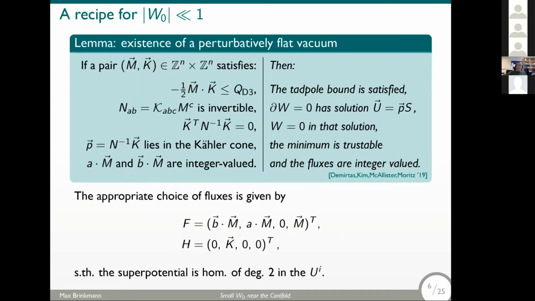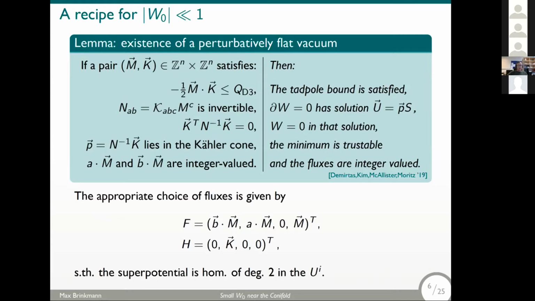So DKMM nicely formulated a lemma which guarantees the existence of what they called a perturbatively flat vacuum by a couple of equations that a pair of integer vectors have to satisfy.